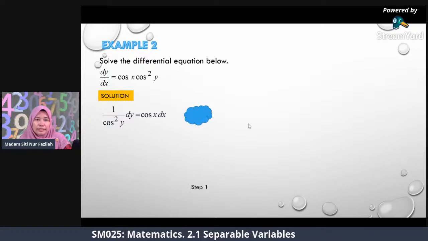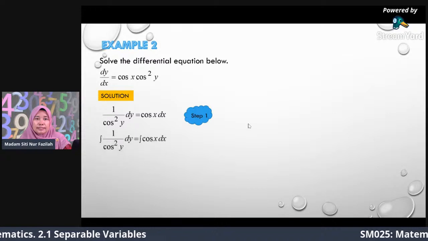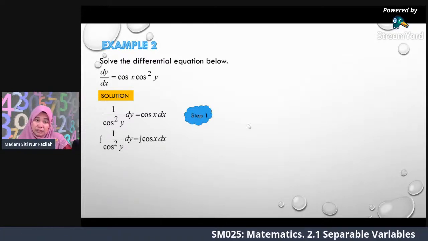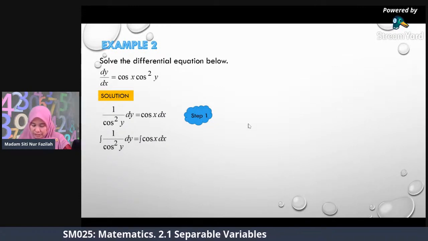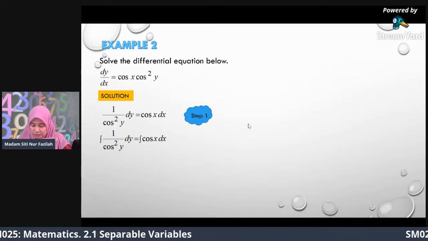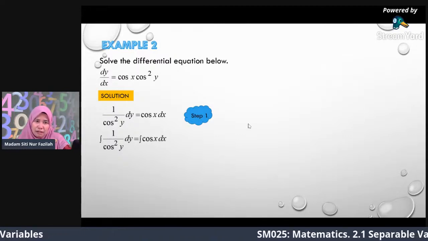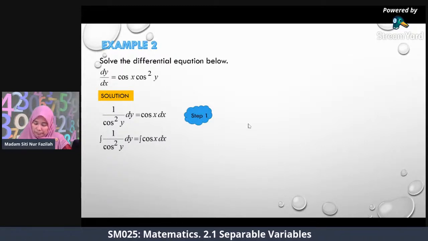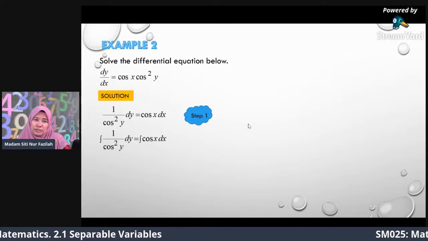Let's call this step 1. Then we need to integrate both sides. We put the integration sign: integrate 1 over cos squared y dy equal to integrate cos x dx. Before we do integration, make sure we know how to integrate.